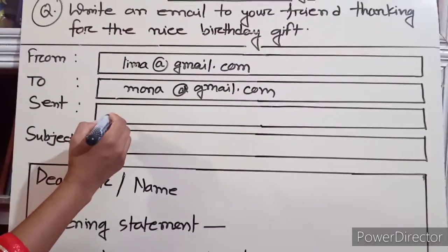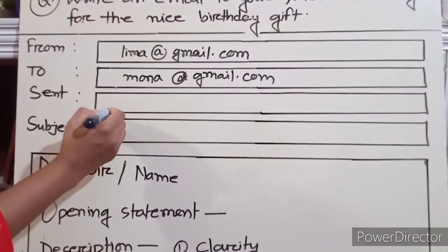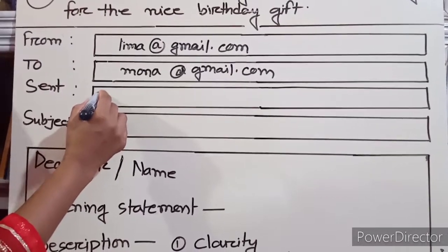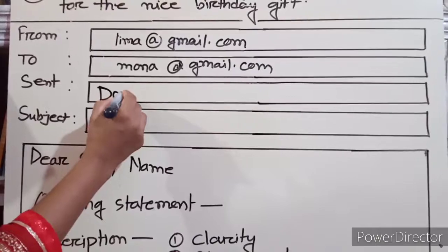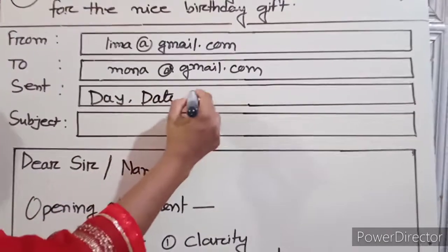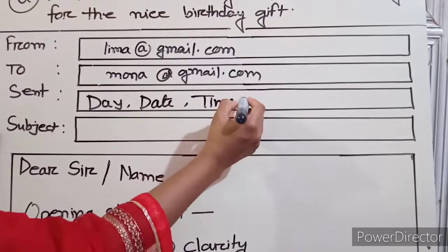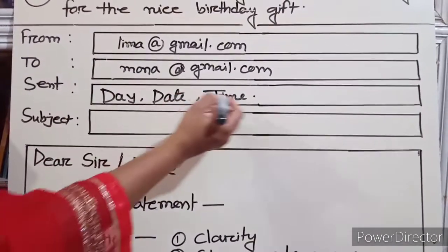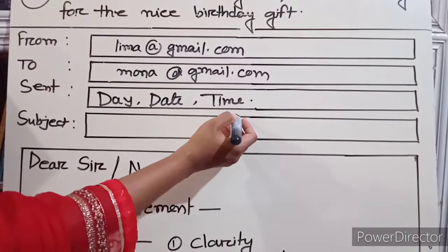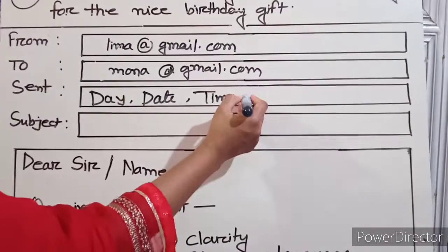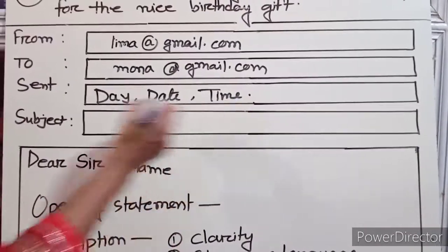You have to write here the details of sending. At first, please mention the day, date, and time. When mentioning these things, please be careful about timing, because don't write anything uncivilized. Write here civilized time. It's very important.